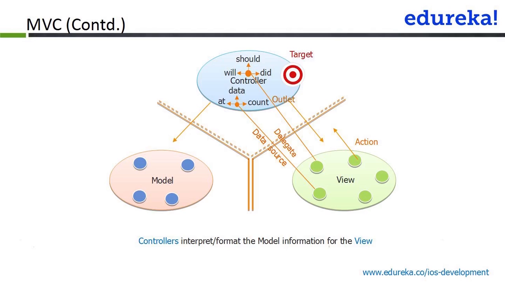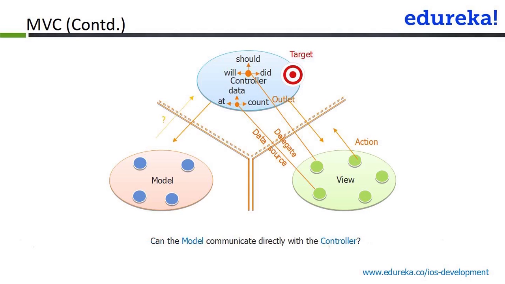So any kind of data formatting or business logic that has to be done for the data to be represented to the view is done in the controller. So this is where all the action happens, and this is where it is presented in the view, and this is where it comes from actually.